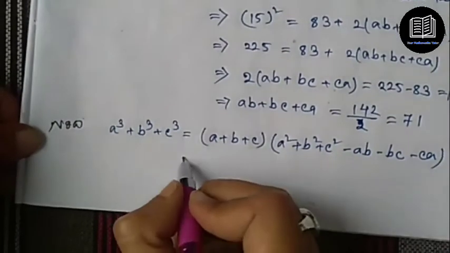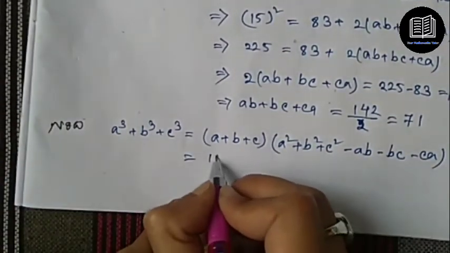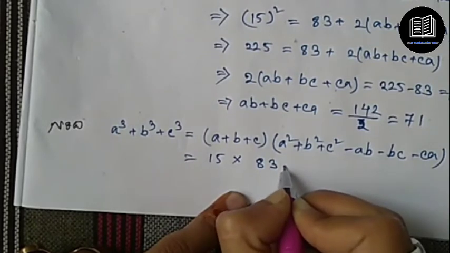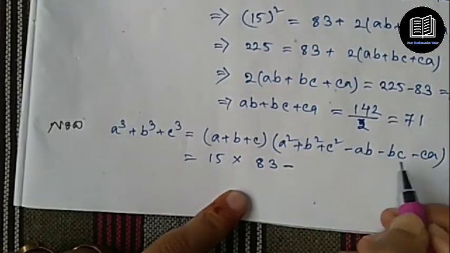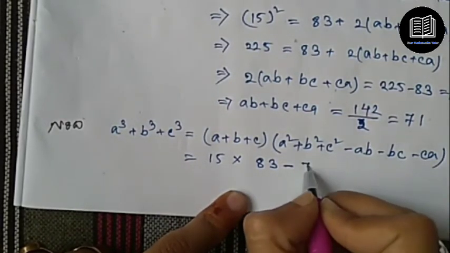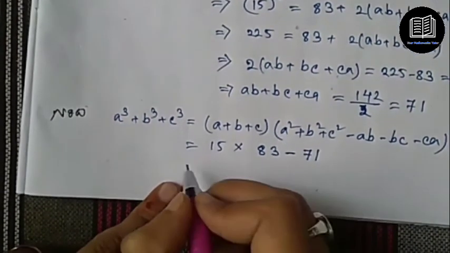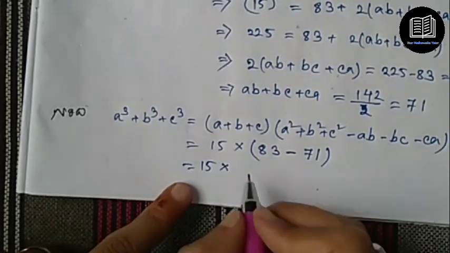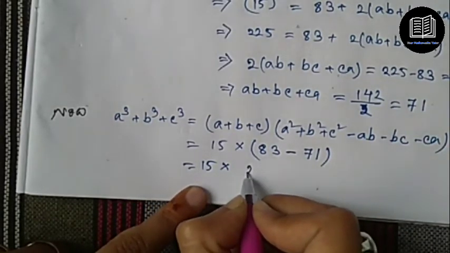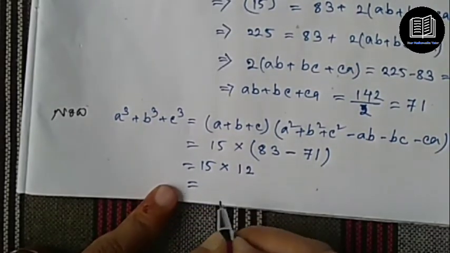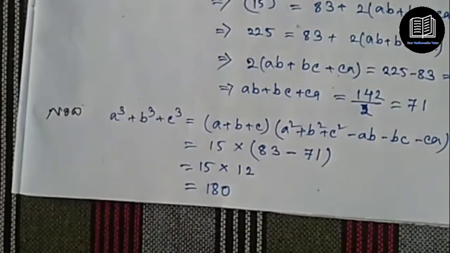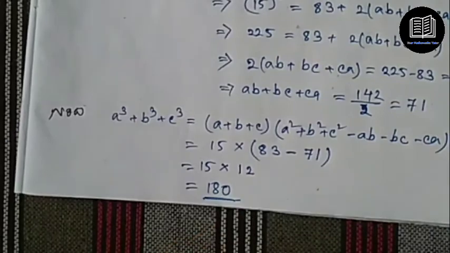Here put the value of a plus b plus c as 15 and a square plus b square plus c square as 83 and minus the value of this part is 71. So here 83 minus 71 means 12 and 12 into 15 means 180. So here it is our answer.